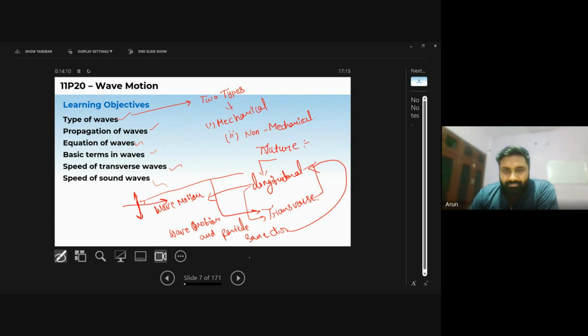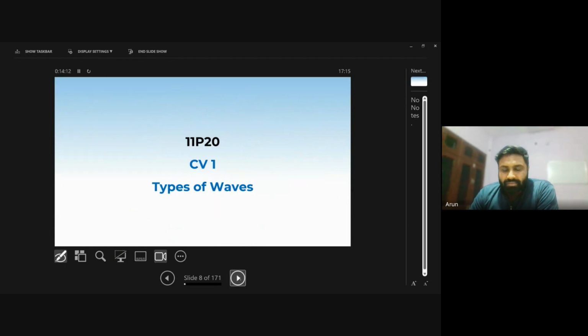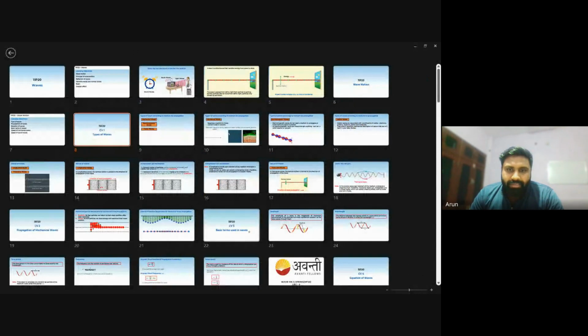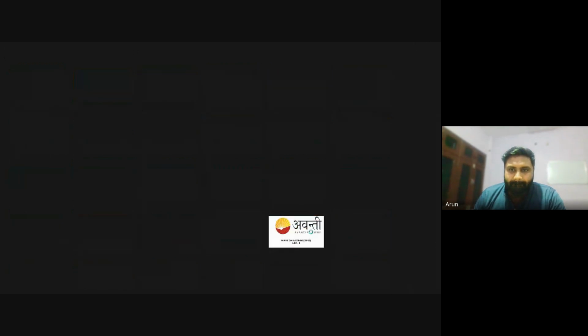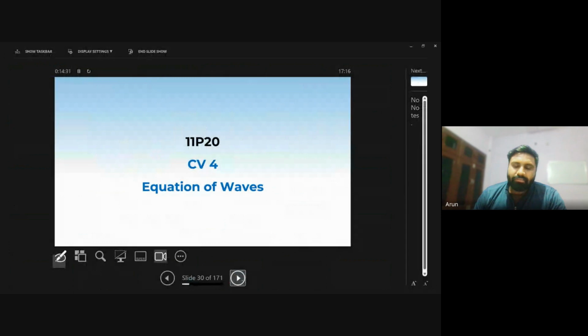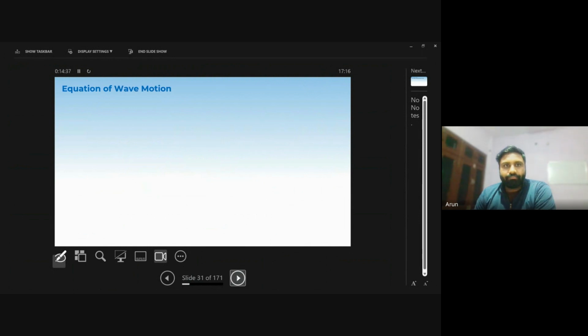Okay, now, this we have covered already, the types of wave and all. So here we are with the wave equation. So, the equation of wave motion.